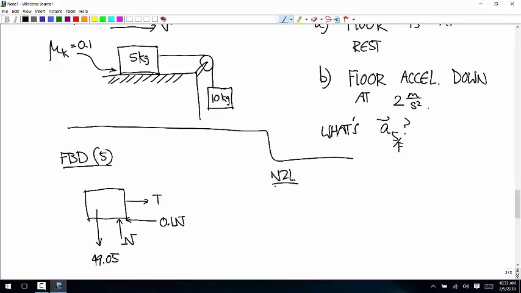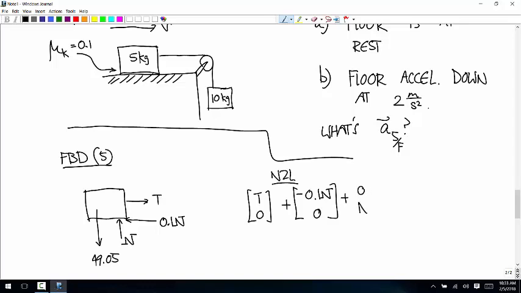Newton's second law says: the tension is T, 0. The friction force is negative 0.1 N, 0.